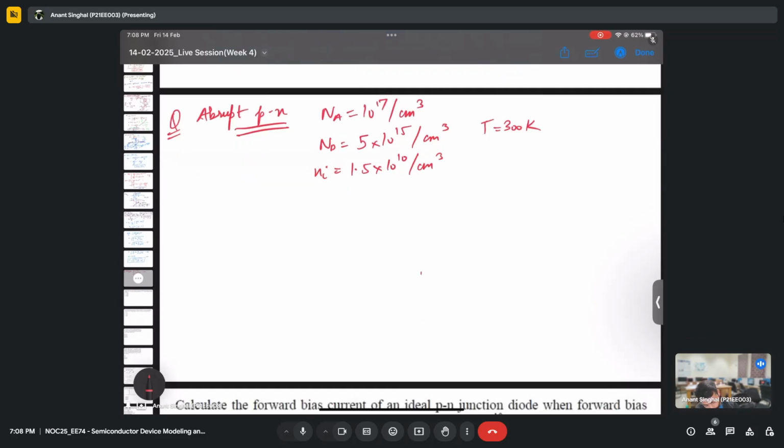So the first question is, you need to sketch the equilibrium energy band diagram, EBD. Second is calculate EF on each side of the junction.